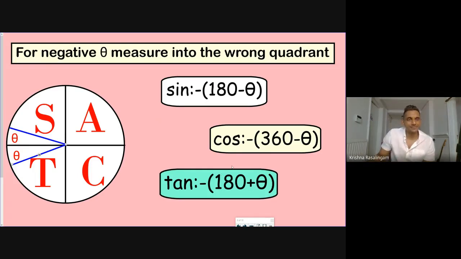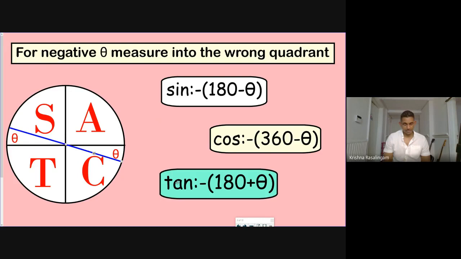And then for tan, that will be sine and cos. So we'll get there. We have negative theta, and the second solution would be negative, open bracket, 180 plus theta.